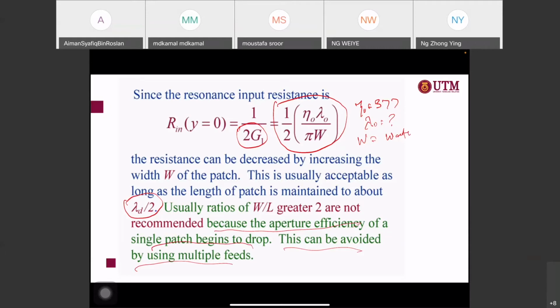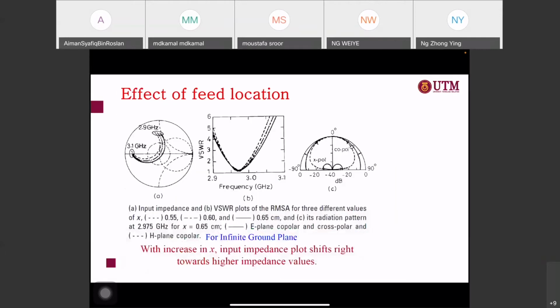Okay, so that's why you want to find out your W. Usually W is greater than L because you want to have a better effective aperture, or a better gain, for this particular antenna. Okay, so this one shows you the effect of the feed location.